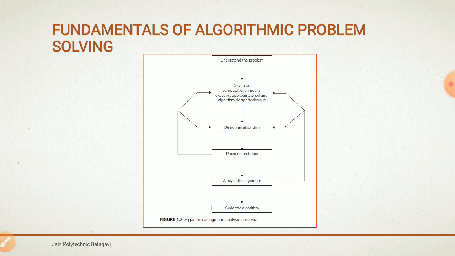Then methods for specifying an algorithm. What are the methods for specifying an algorithm? As we saw in the previous slide, that is pseudocode, which is a mixture of natural language and programming language-like constructs. Its usage is similar to algorithm descriptions.